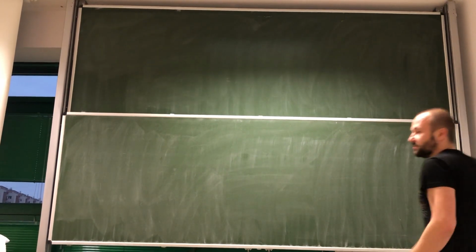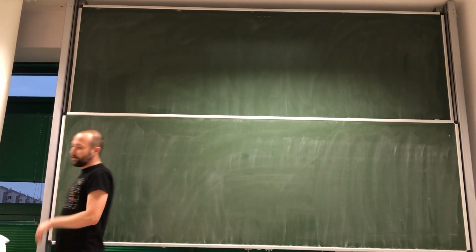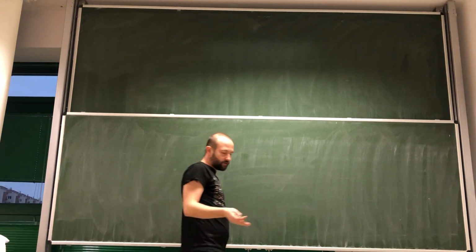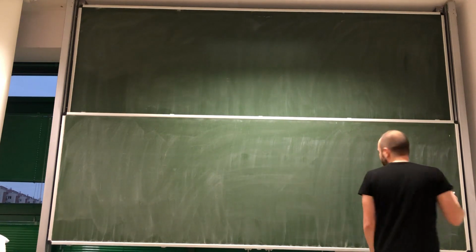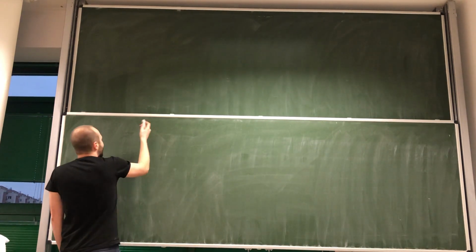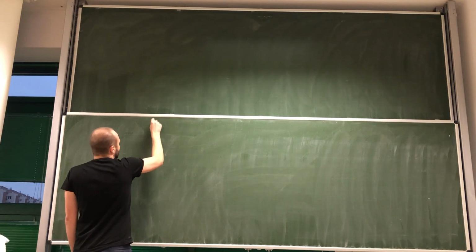Hi. In the previous video, we learned how to solve first order differential equations with constant coefficient and constant term. So we learned how to solve equations of the following form.